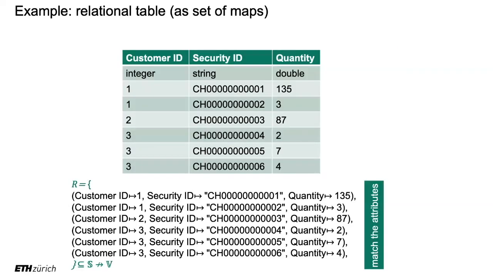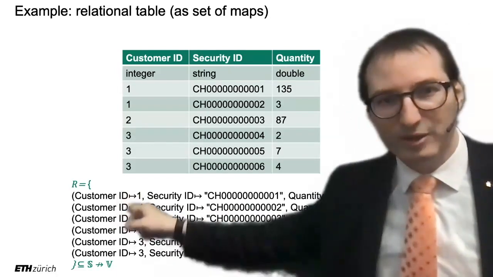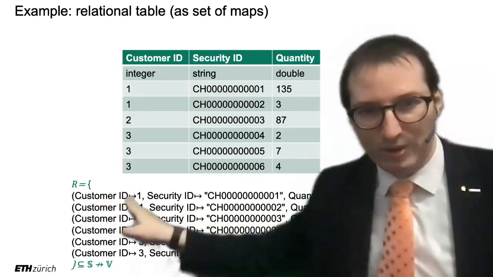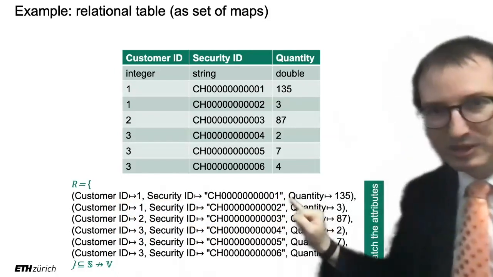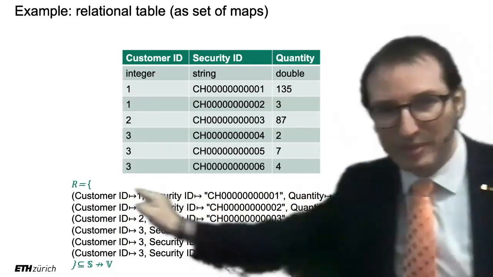So now, if you really want to formally specify, for example, this table right there that has 6 records, then you could explicitly give the maps mathematically. Technically, you see the first map that associates, in my mathematical notation, customer ID maps to 1, security ID maps to this, and quantity maps to this. This is my first map.